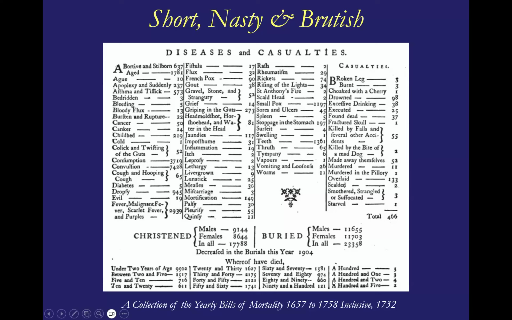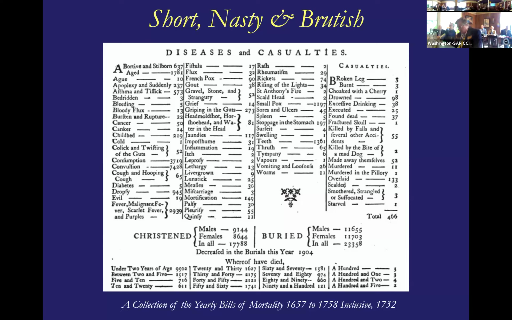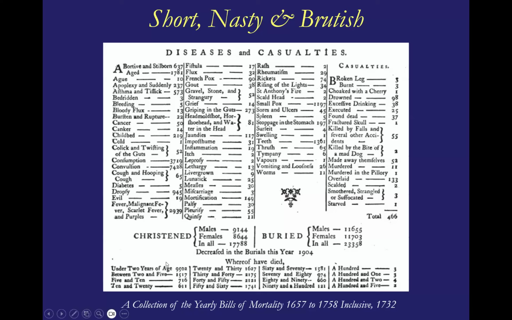You can see that there were people that lived well into their hundreds. About 130 people died at ages 90 and up in London that year, of the entire 10,000 people that passed away. The other thing you notice is down at the bottom end, under 2 years of age: of that total number of people that died, 9,500 were less than 2 years of age.